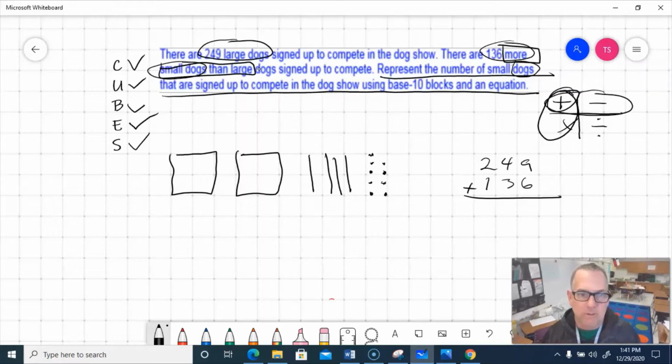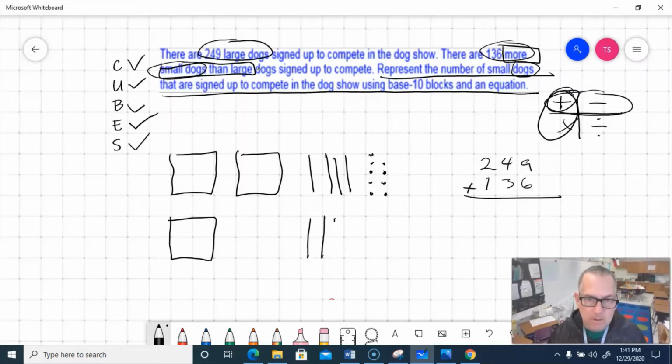And then there are 136 more small dogs, so it's 100, 30, and 6, 1, 2, 3, 4, 5, and 6. So I modeled my addition problem right there. Now all I need to do is combine them.